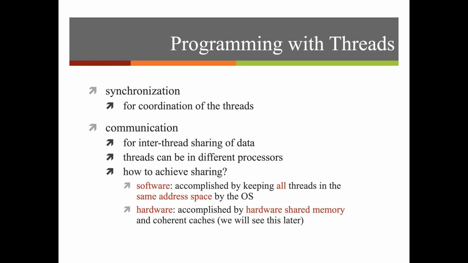And then we have appropriate hardware mechanisms, which can be accomplished by shared memory and, of course, caches that can be utilized to provide for a shared addressing space. And typically, it's going to be a combination of support for both hardware and software that is going to be required.